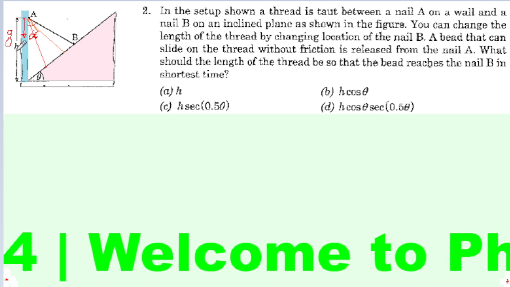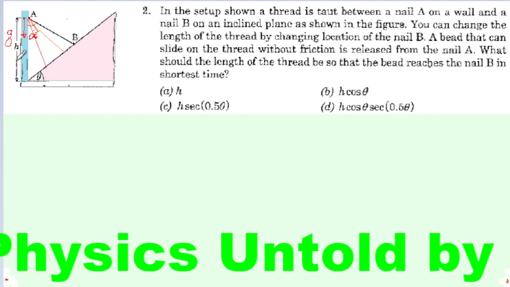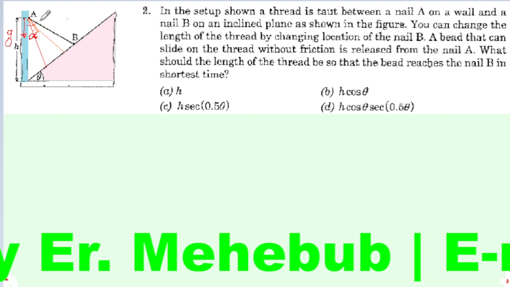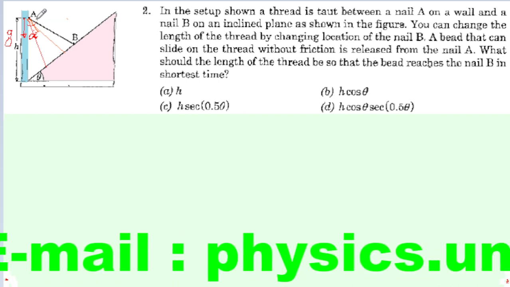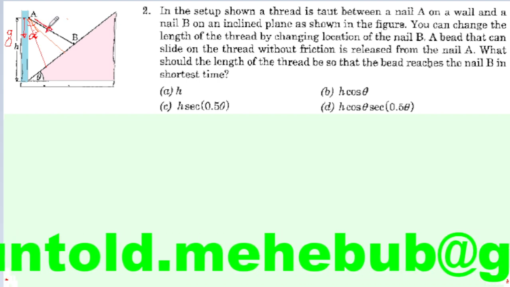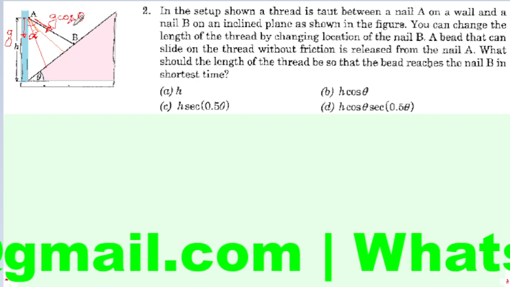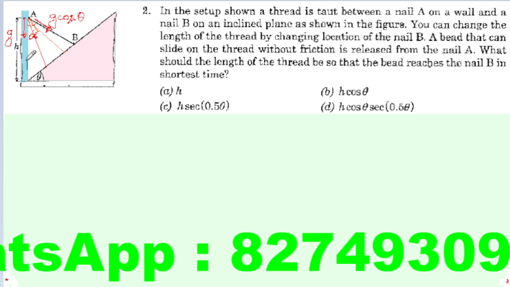Now if we resolve the acceleration due to gravity into two mutually perpendicular components, one of the components of g, which is along the rope or string, should be equal to g cos theta, and its perpendicular component should be equal to g sin theta.